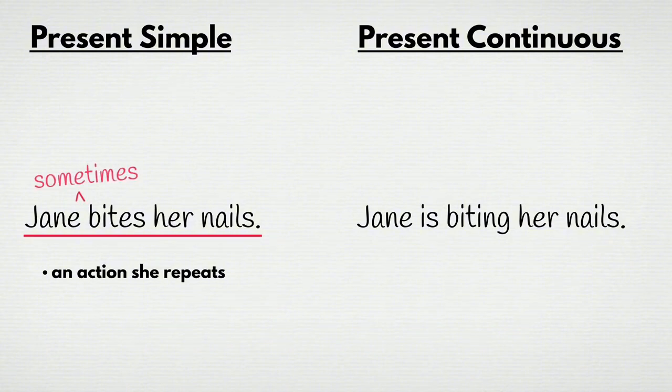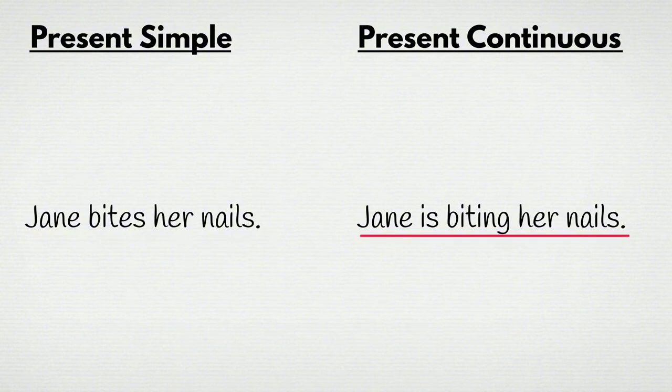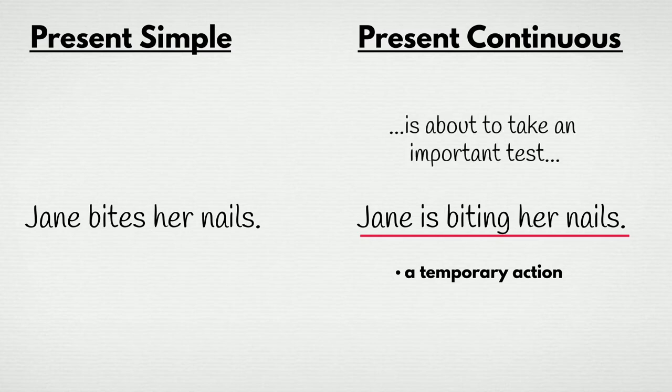Perhaps Jane sometimes bites her nails, or maybe she often bites her nails. This sentence, Jane is biting her nails, refers to a more temporary action, something she is doing right now. Perhaps she is about to take an important test. This sentence means that Jane is currently biting her nails.